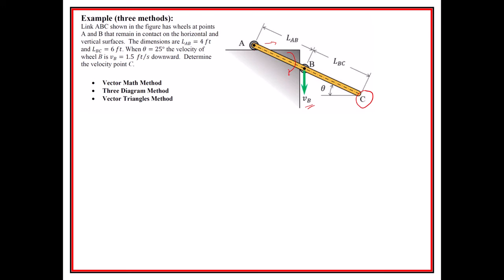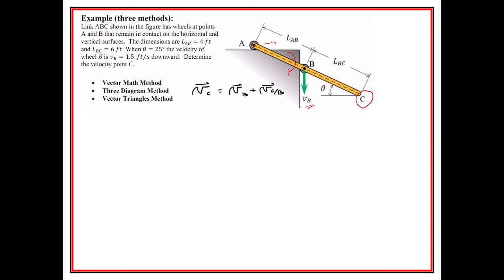Well, the equation that we're going to eventually use to find the velocity of C is by using the known one that we have, velocity of B, and adding the velocity of C with respect to B. We will eventually need that. But if we started going down that path, we're going to find that we don't know the angular velocity. So it would be just like going down the maze and finding a dead end. We'd have to backtrack and then find another way.